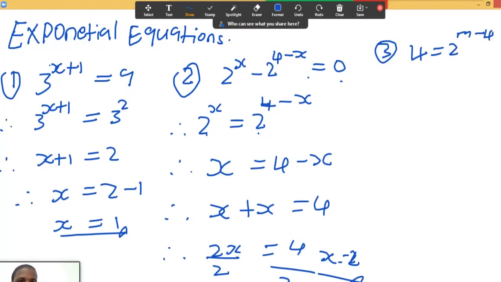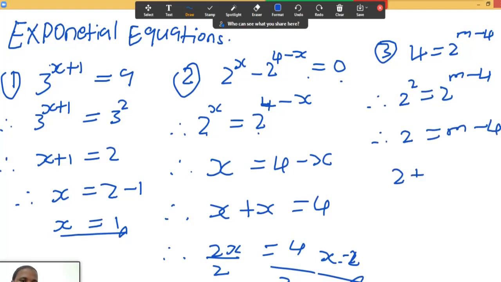We need to change our 4 to 2 squared, which is equal to 2 to the power m minus 4. The bases are the same, so we can equate the exponents. We'll have 2 is equal to m minus 4. Hence 2 plus 4 is equal to m, and 6 is equal to m. So this is our solution as well.